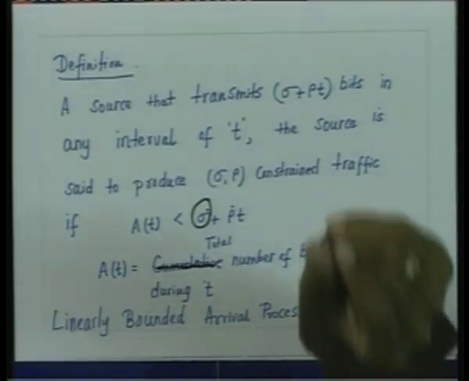During a very small interval of time t, the number of bits that can be transmitted is bounded by sigma. Sigma represents a kind of burst. This is the maximum number of bits that a source is allowed to transmit at a particular instant, during a very small infinitesimal interval of time.